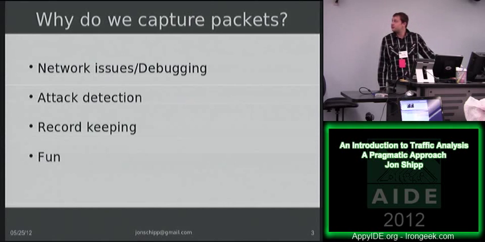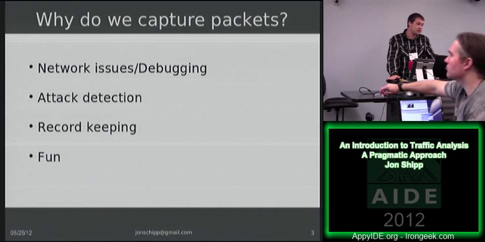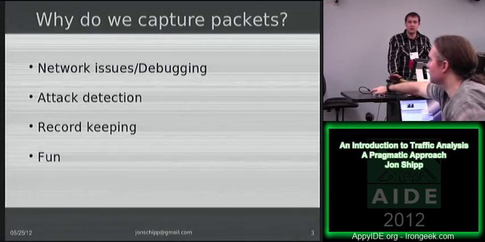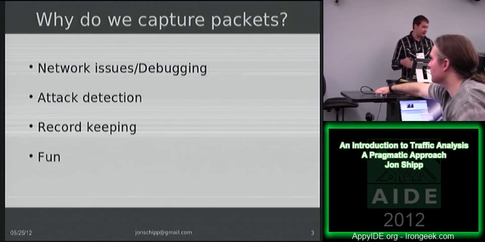So to get started, why do we capture packets? One of the things is for detecting network issues. In a business, or especially if you're messing with firewall rules, it's really important to be able to see responses from servers, such as when using nmap. Sometimes you can't always receive responses because maybe there's a firewall in front of that firewall.